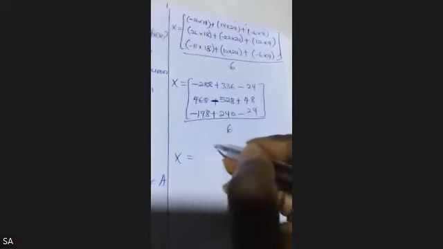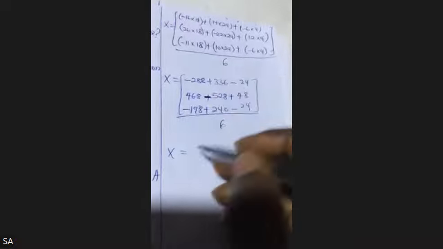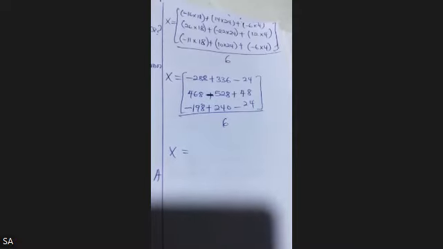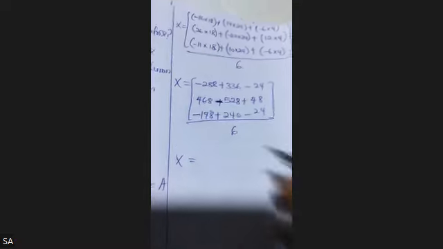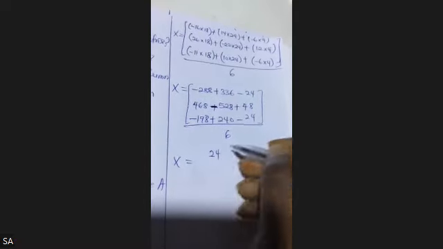Divided by 6. Don't forget it. Minus 288 plus 336 minus 24 gives us 24.